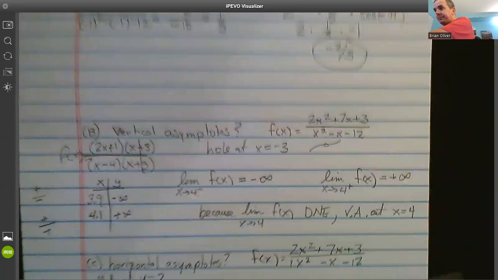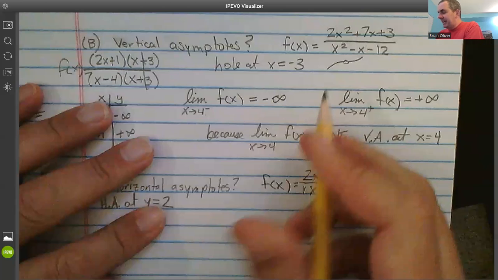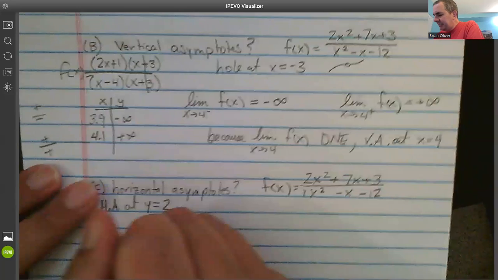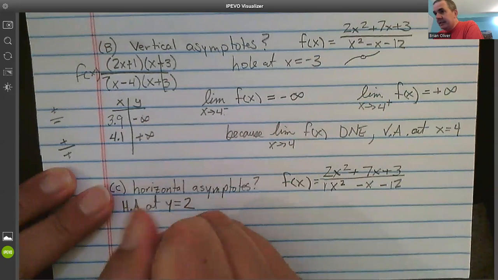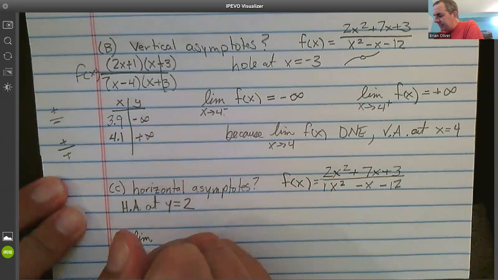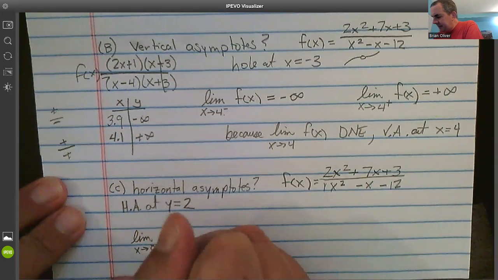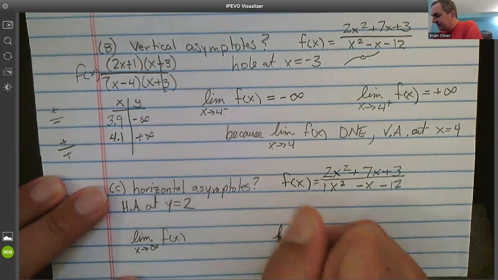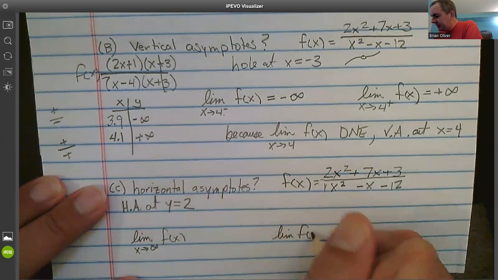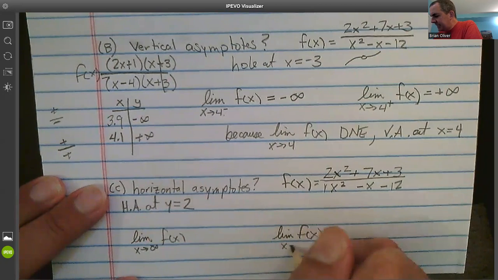It's because of a limit again. And that limit is the limit as x approaches infinity of this, and the limit of f of x as x approaches negative infinity.